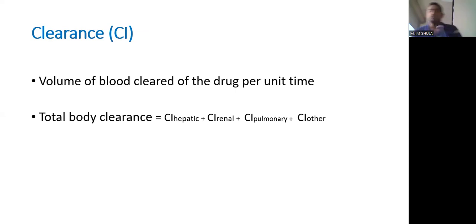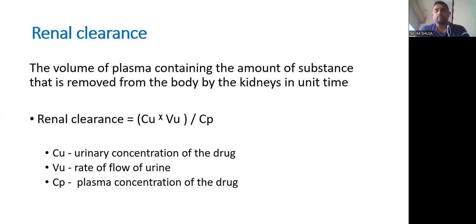The total body clearance is not only the hepatic clearance, but also the renal, pulmonary, and other means of clearance; altogether it is the sum of them. Mainly we are going to emphasize renal clearance. You know clearance, like creatinine clearance, from your physiology. So just remember that.